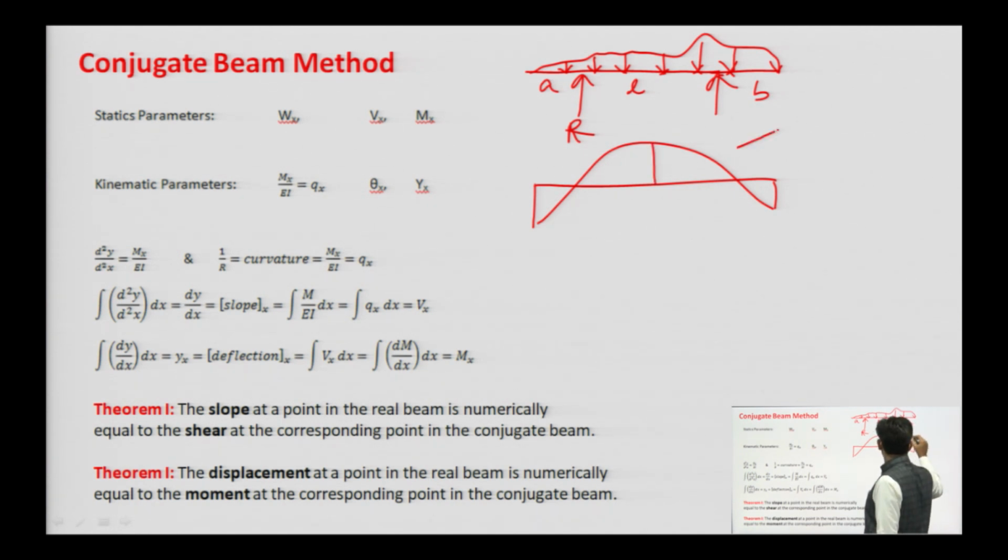This is the BMD. Due to this bending moment, this beam is going to deflect in this manner. This is the deflected shape.